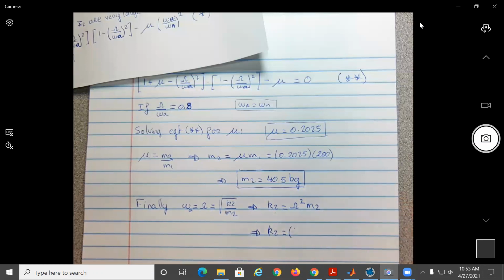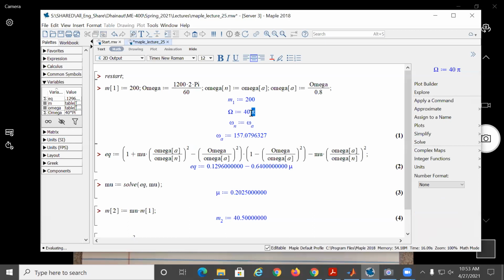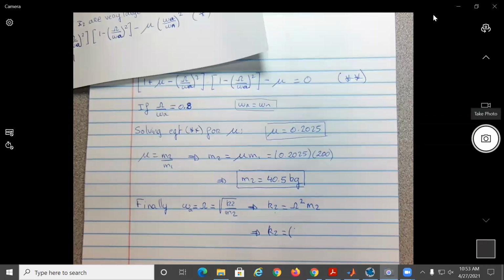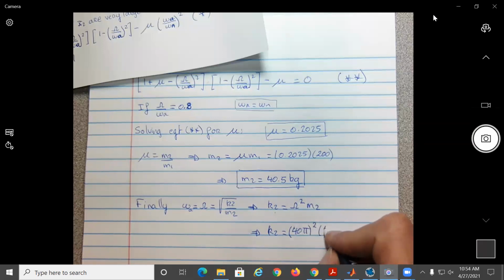I did this on the Maple, not in the solution. They give us the frequency as 1200 revolutions per minute. If you transform that into radians per second, what do you get? You multiply by 2 pi and divide by 60, you get 40 pi. So K2 equals 40 pi squared times 40.5.